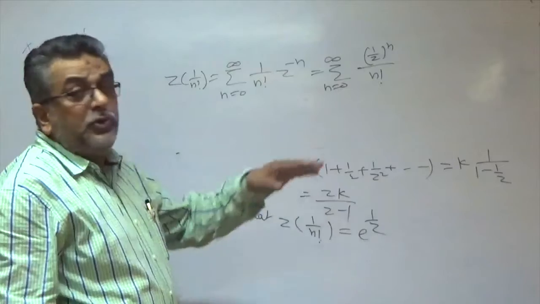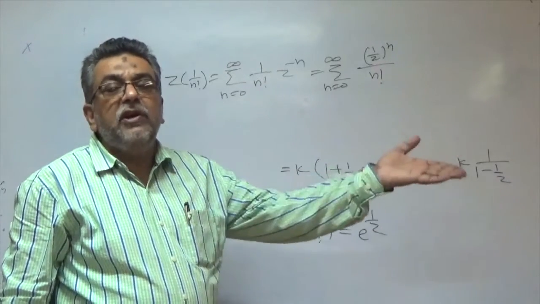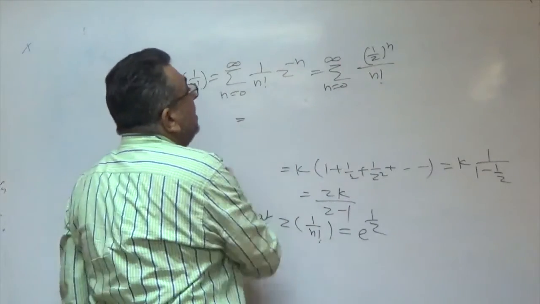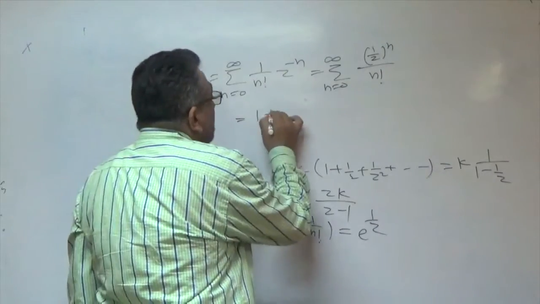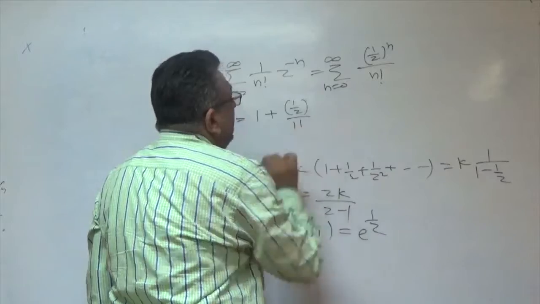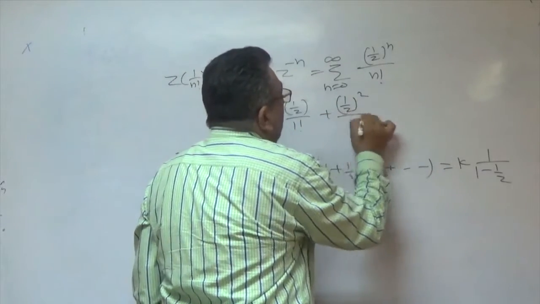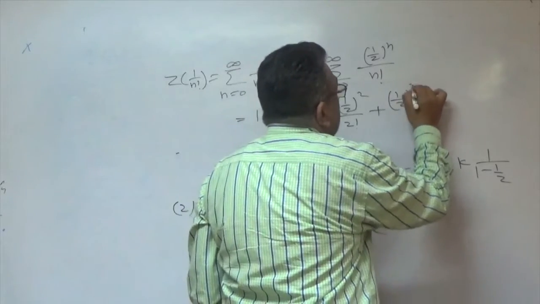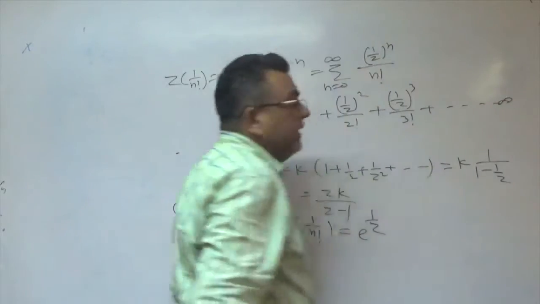If you substitute the various values of n, 0, 1, 2, 3, 4, and so on, and expand this series, n equal to 0 means 1, n equal to 1 means 1 upon z upon factorial 1, n equal to 2 means 1 upon z square upon factorial 2, n equal to 3 means 1 upon z whole cube upon factorial 3, and so on up to infinity. Right?